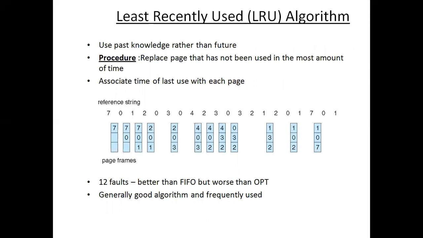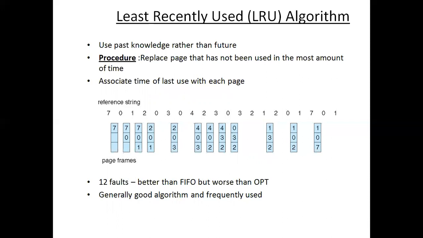So what is the key distinction between first in first out and OPT? First in first out always made use of the timestamp when the page came in, and optimal used the concept that the page will not be used at all. But what if we use the recent past as an approximation for the near future? Then we have to replace the page that has not been used for a long period of time.